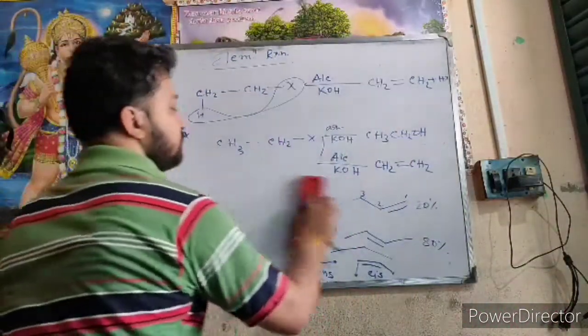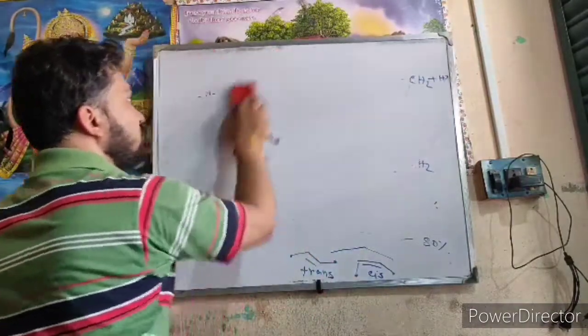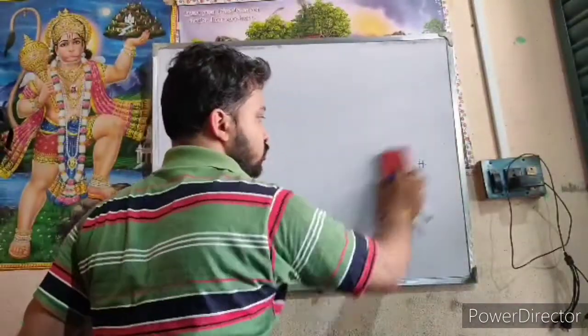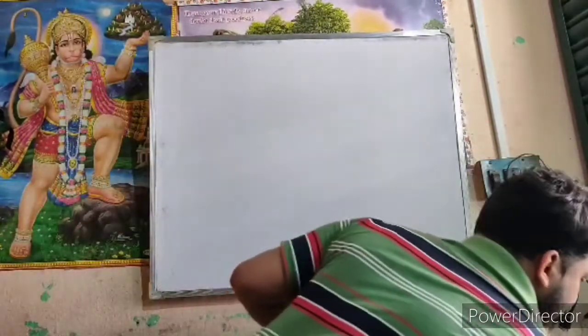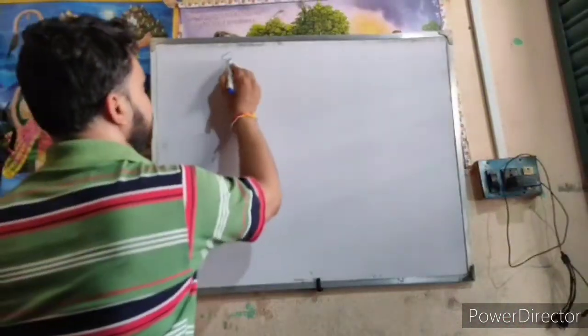Elimination reactions are also classified into two parts, E1 and E2, like SN1 and SN2.